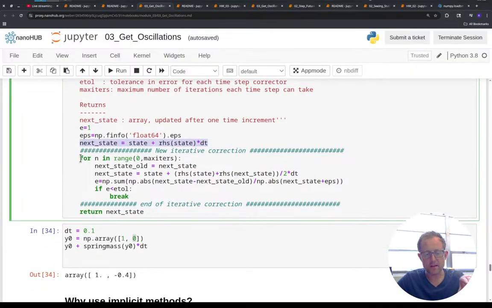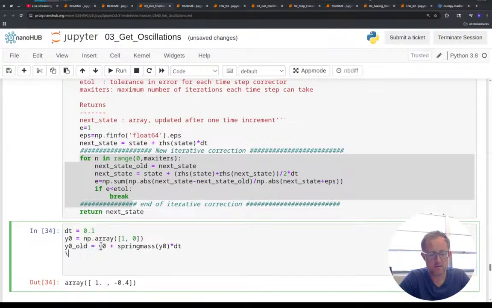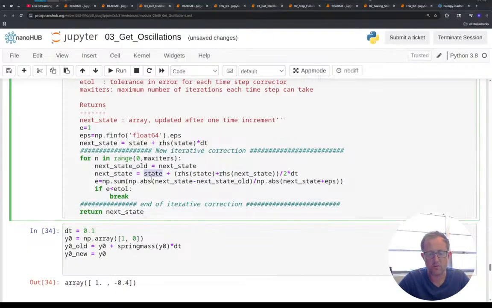Now let's take a look at what's happening here. This is going to be my y0 old, and y0 new is going to be that y0. So I'm plugging in the same value of state into the thing.